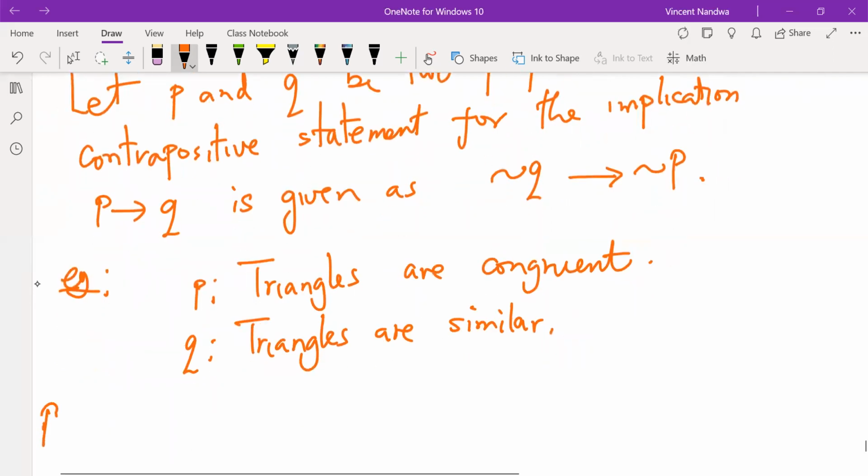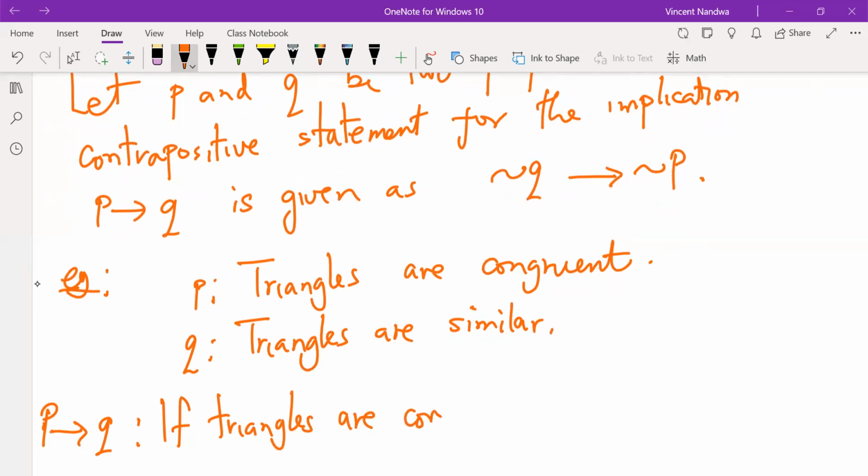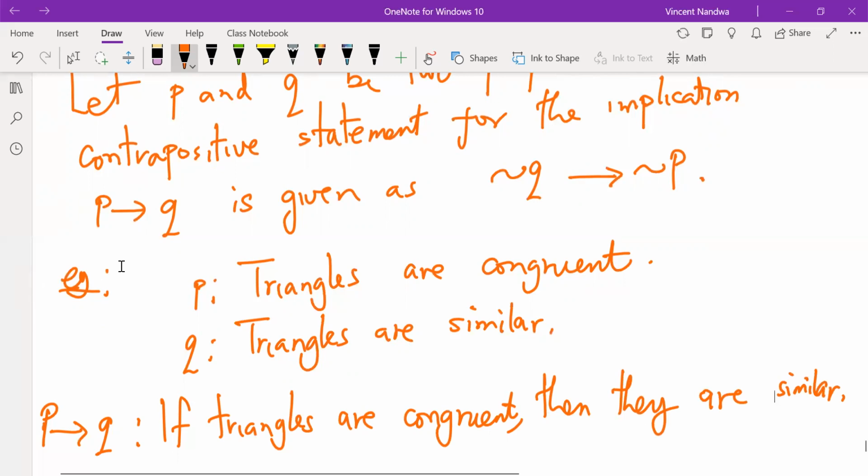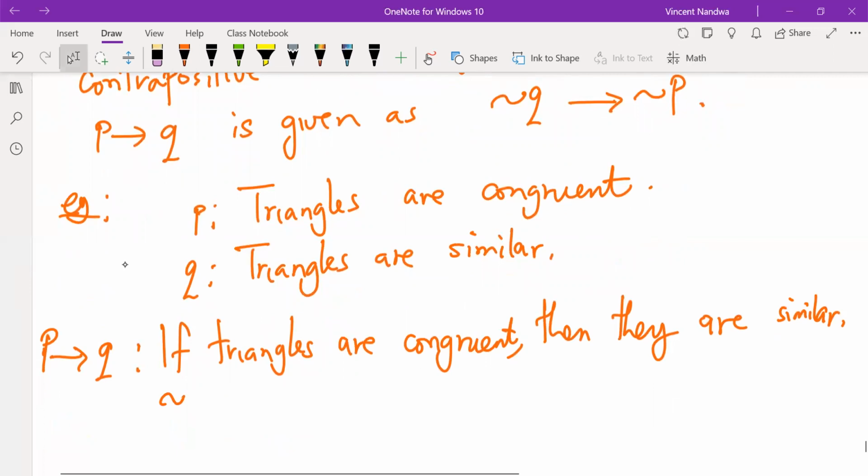Now, P implies Q is the statement if triangles are congruent, then they are similar. Now, not P is triangles are not congruent.